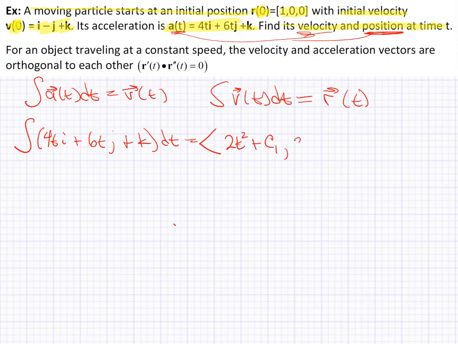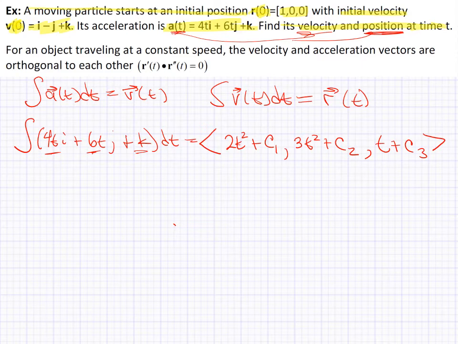I'll get 3t squared plus c2, and t plus c3. And that's just integrating each one of these individually. And since it's an indefinite integral, they each would have a plus c, but I've got to label them as different c values accordingly.